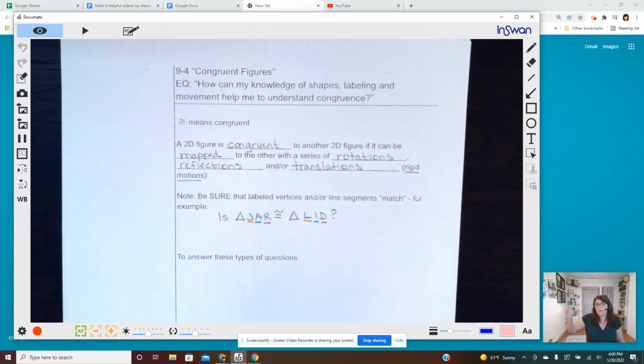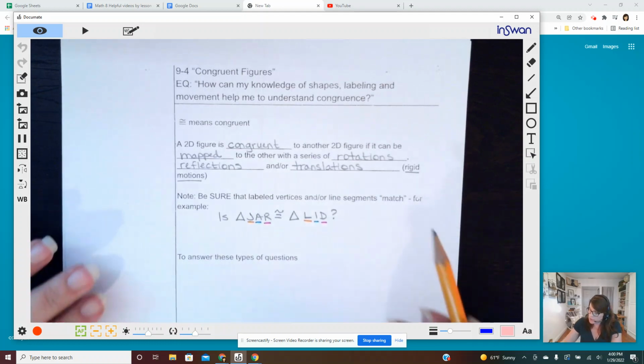One of them can't move 4 steps and the other one only moved 3. The amount of movement has to match.